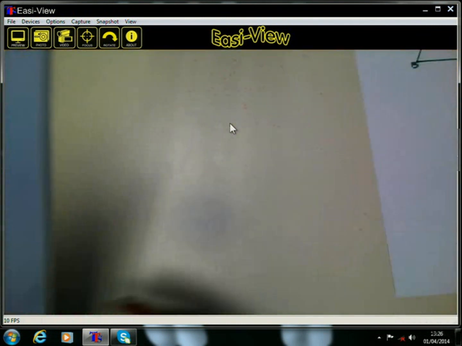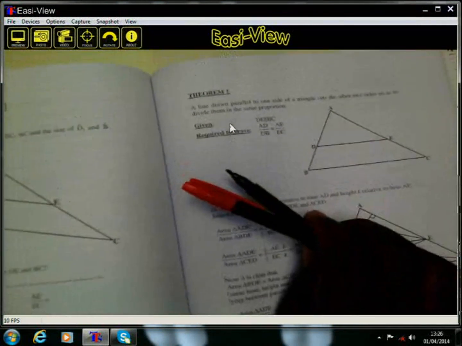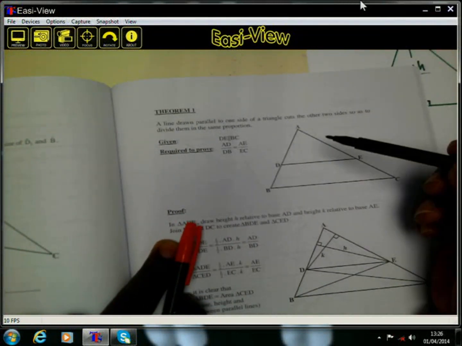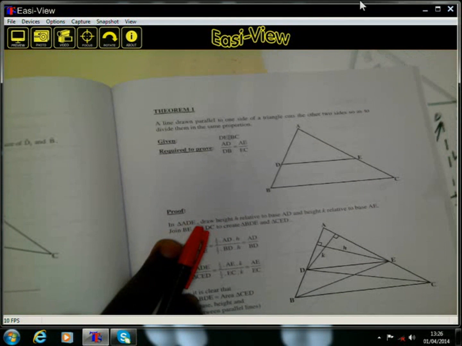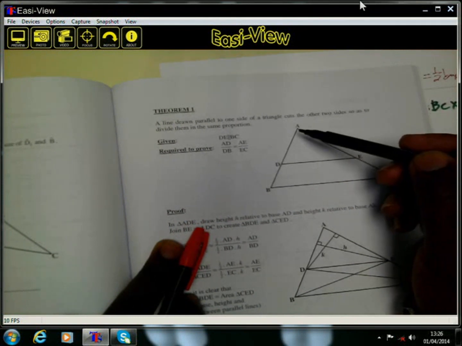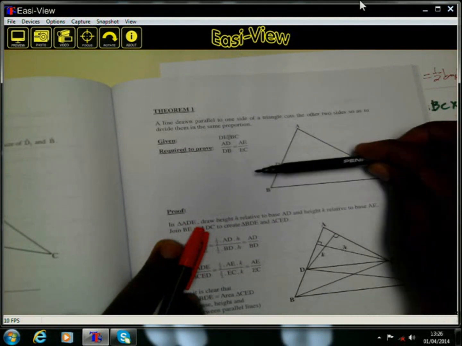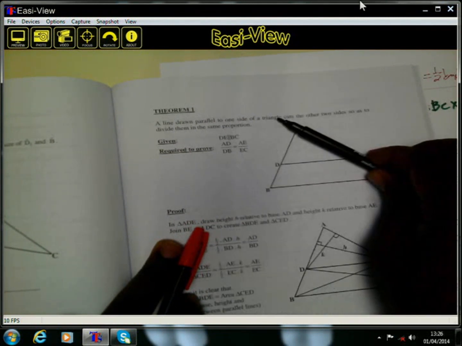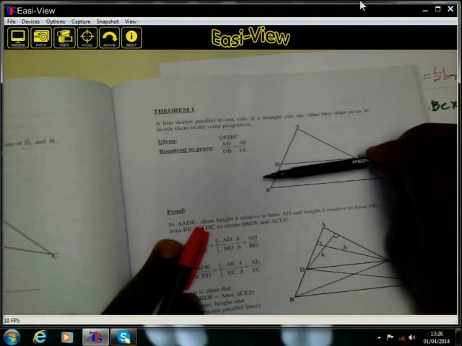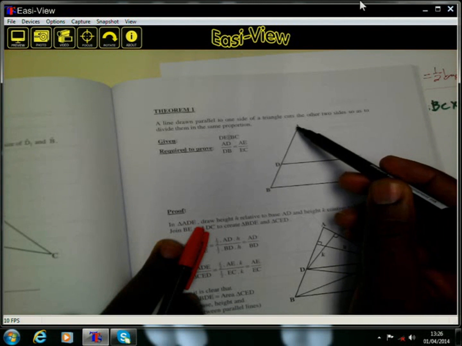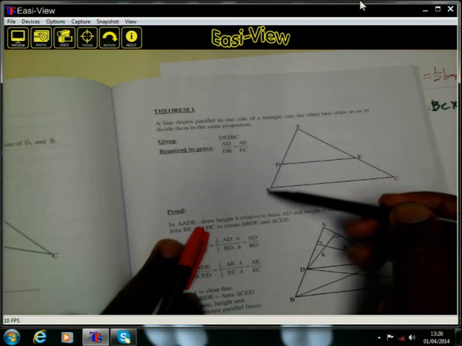Now, let us quickly look at what is requested of us, RTP, which is required to prove. We agree that this line divides these two sides in proportion. Therefore, we can come up with a rule. Then it means we are expected to prove that side AD over side DB.